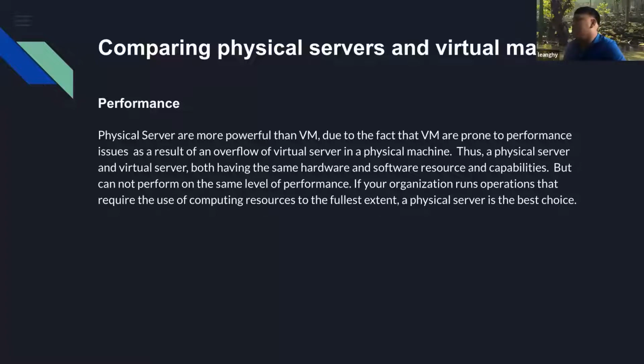Even if a physical server and a virtual server have the same hardware, software resources, and capability, they cannot perform at the same level. If your organization runs operations that require computing resources to the fullest extent, I think the physical server is the best choice.